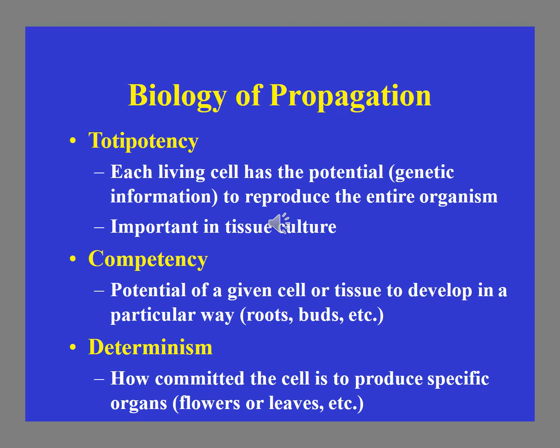But once it starts to change into a stem cell or a leaf cell or a root cell or a flower petal cell, its determinism is increasing. It's becoming more specialized already.